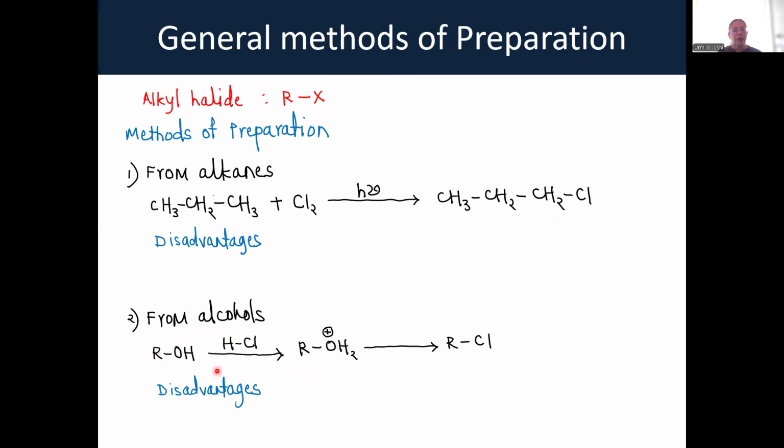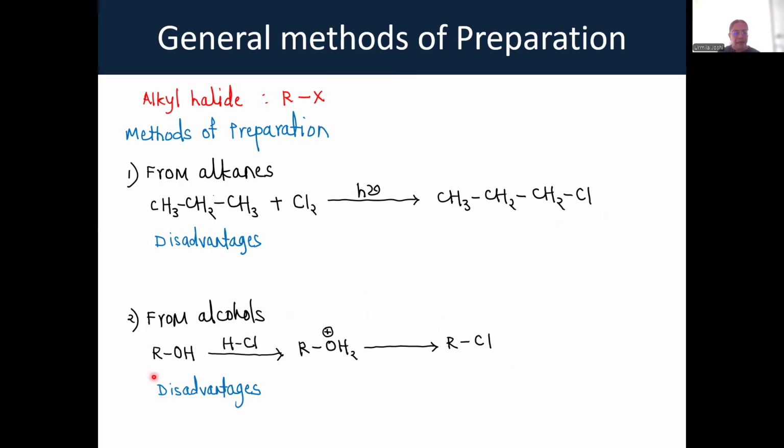But just remember, OH is a poor leaving group, so it does not leave very fast. What should be done? It should be protonated. Once it is protonated, it becomes a good leaving group. It leaves fast and chloride substitutes the OH. So it is from alcohols that alkyl halides can be formed. This is the most common method of preparation of alkyl halides.